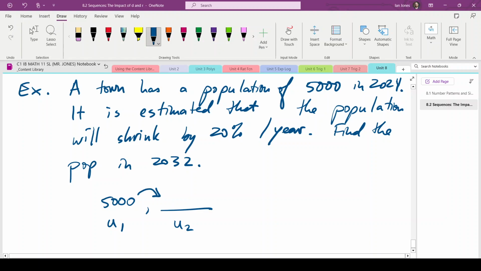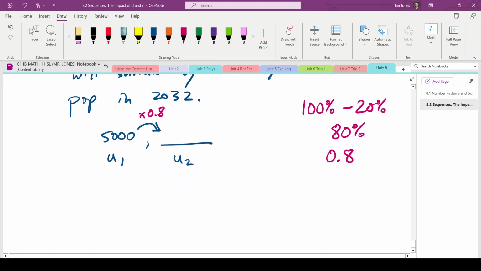But we have to think, what are we multiplying by to get a reduction by 20%? Well, that 100% population is being reduced by 20%. In other words, we end up with 80% of the population we had before, which is 0.80 or 0.8. My r is 0.8.